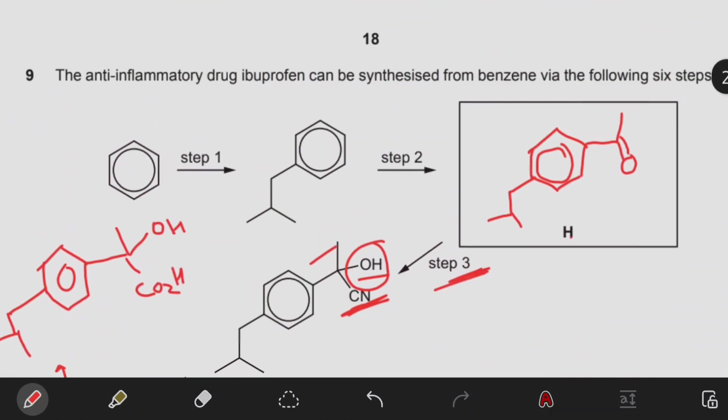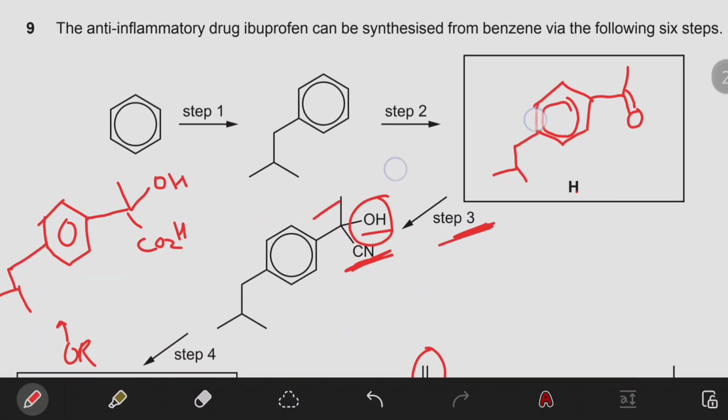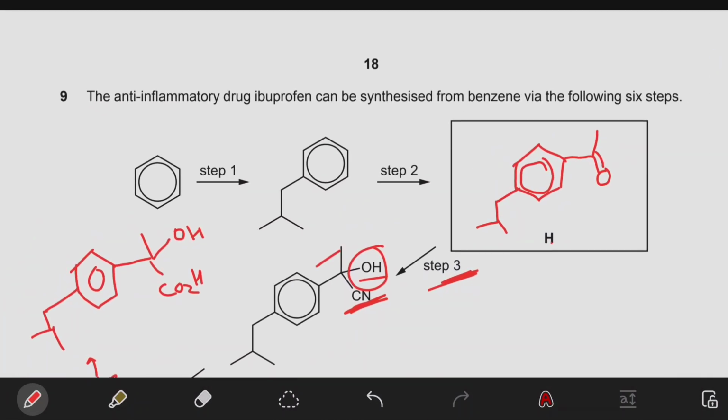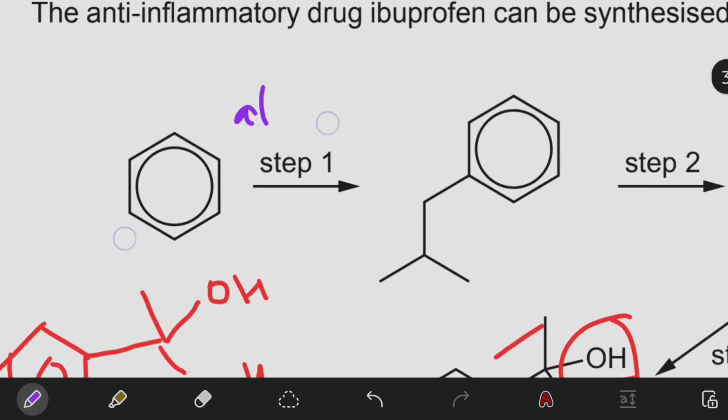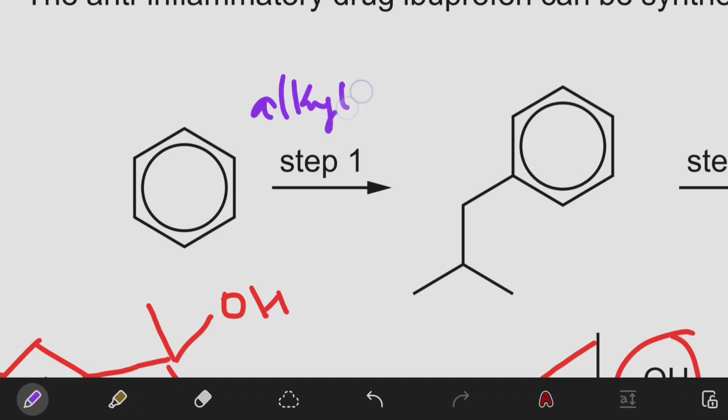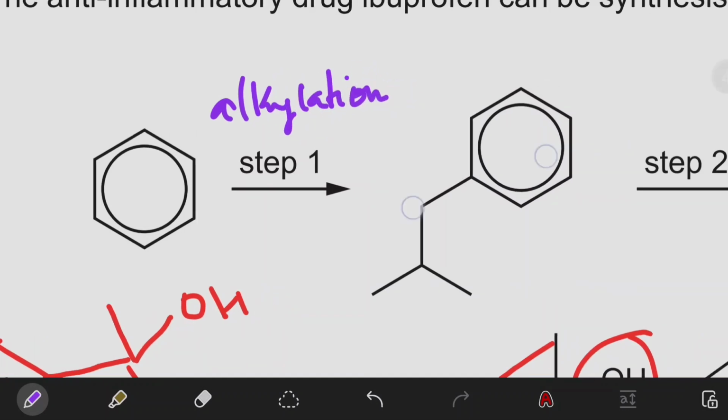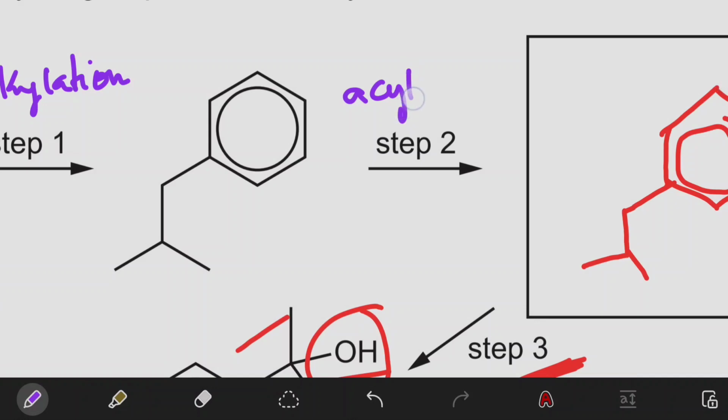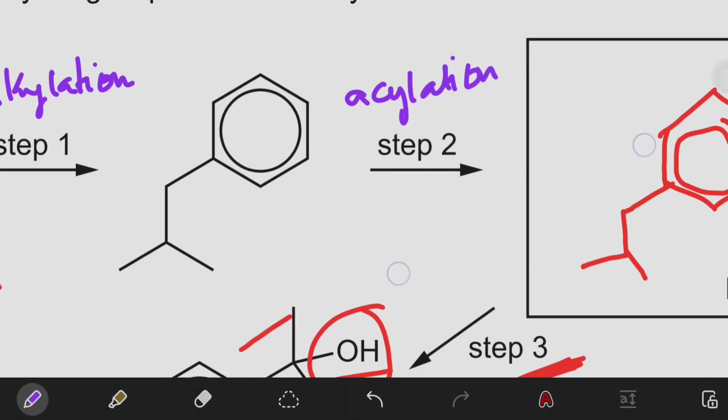Now step 2. What is happening in step 2? This is definitely acylation. Let me write it down.